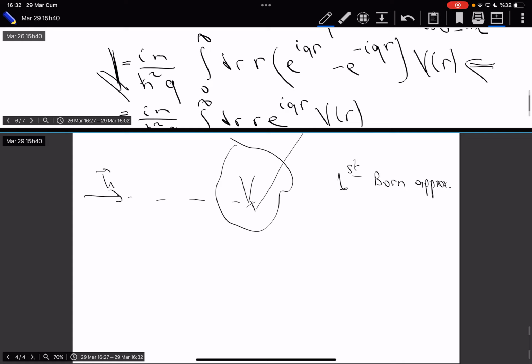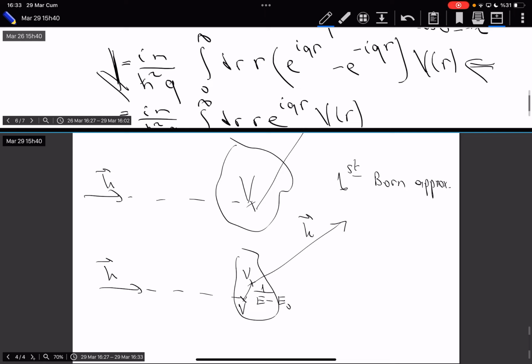Now, the second Born approximation: you send your particle, it's scattered once, it propagates, then it is scattered again into the final state. Here you have a V, here you have a V, and here you have 1 over E minus H0.